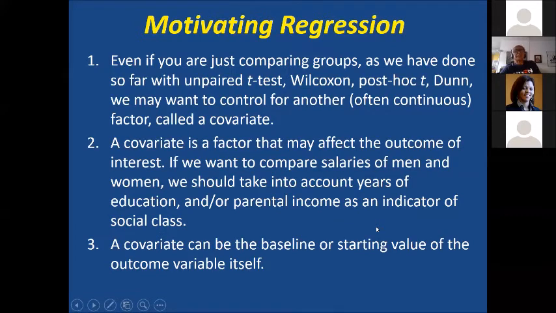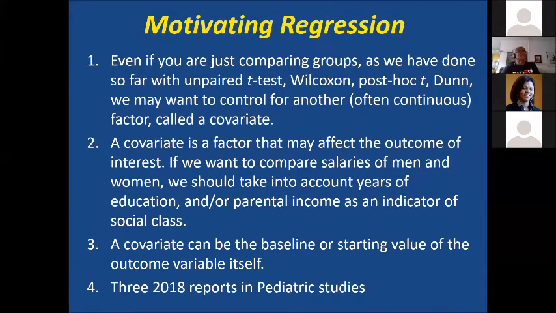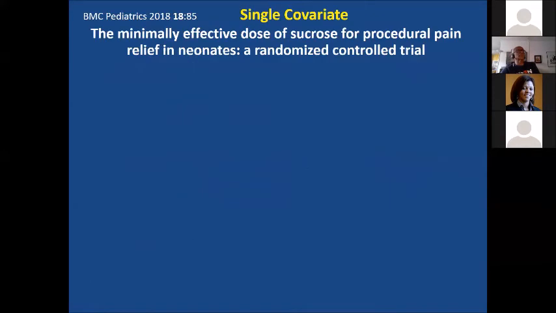So in this example that we're going to be doing, it's a starting value. As you recall, in our study design, everybody was on the same diet for 12 weeks. So I say, well, maybe whatever value they had then can be used as a covariate. I have these 3 reports, examples of where people have used covariates.